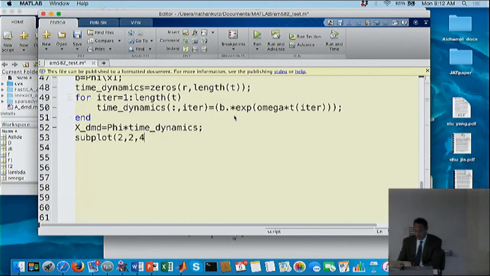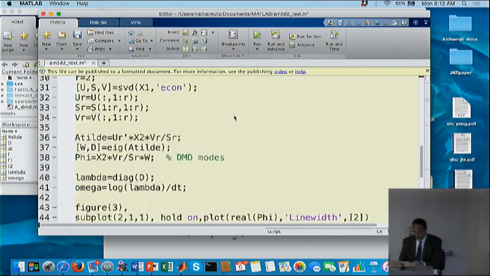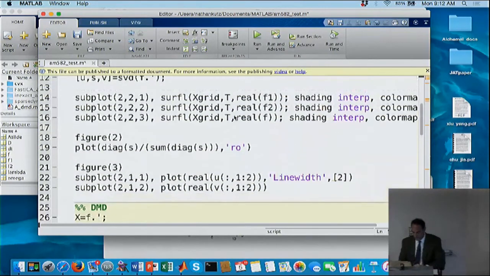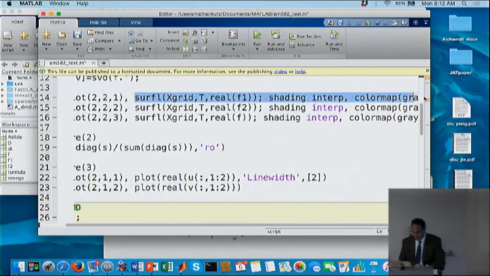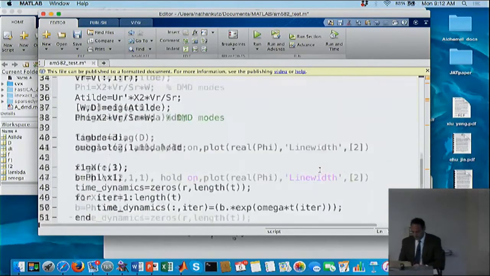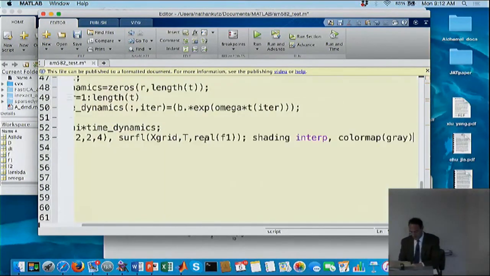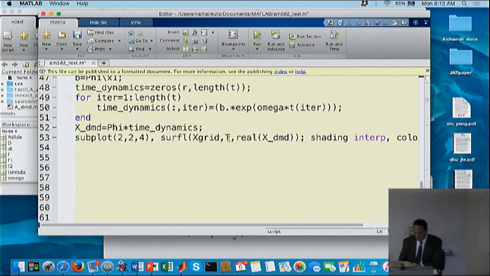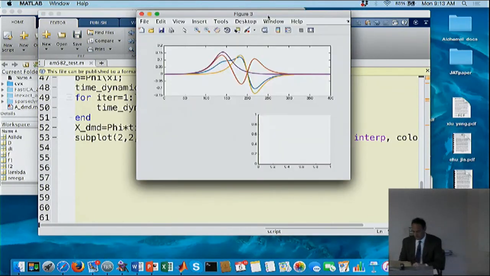And then I can subplot this, subplot 2, 2, 4. And I'll do, let me just pop all these nice commands over here. And x, so real part x DMD. Is that what I called it? Yes. Okay. And run. Oops. I'll have to go back to the figure.